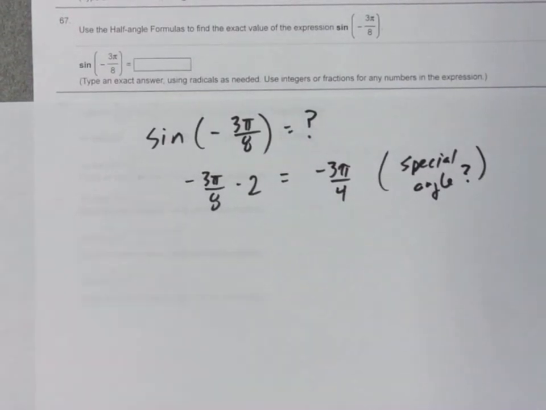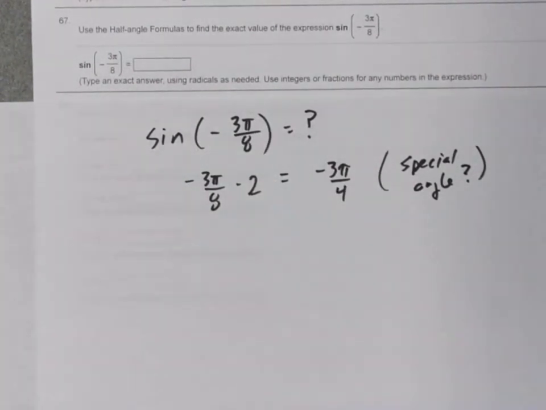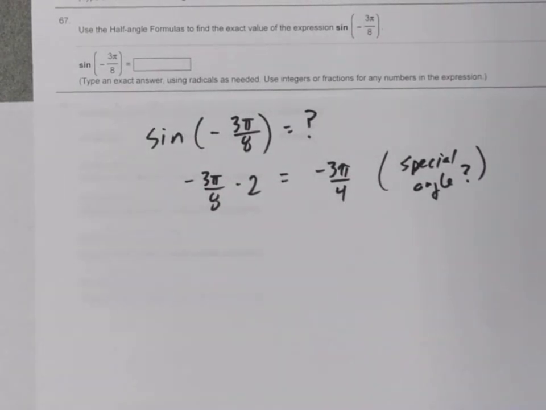If this result is a special angle, then you actually can use the half angle formula to find the sine of this angle here. And you know what? Negative 3 pi over 4 is a special angle.